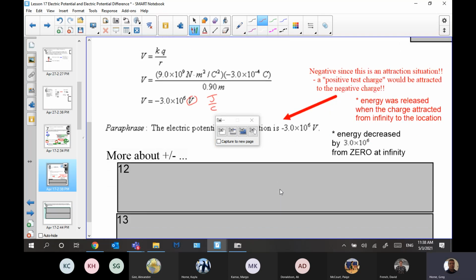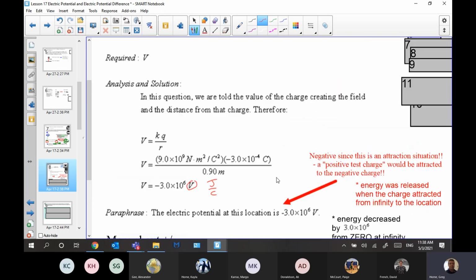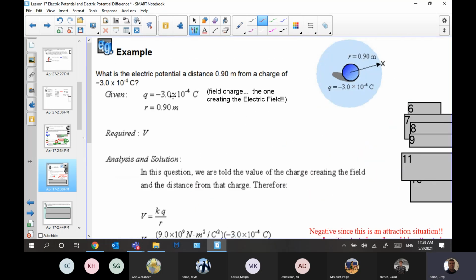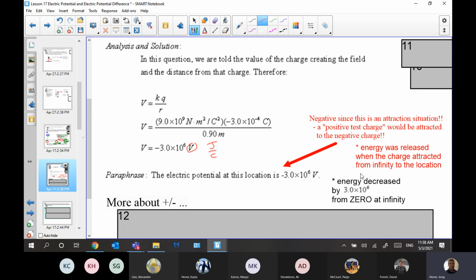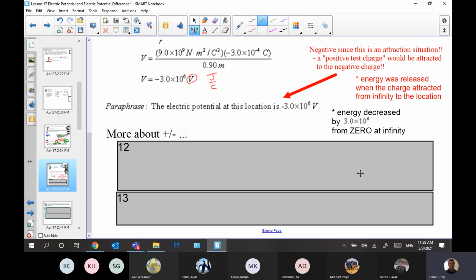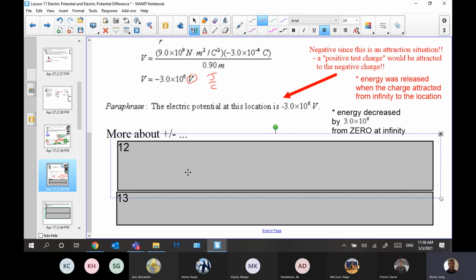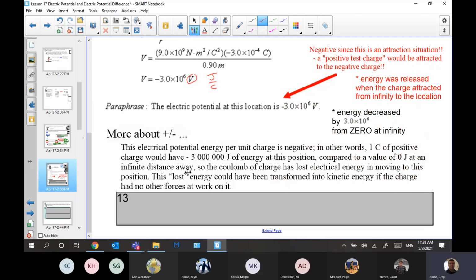Okay. And that's just a simple case where you're talking about the electric potential at a distance from a charge. So basically, what's the energy per charge at a spot, and it calculates out just like that. I don't feel I need to do more at this point about the plus or minus. Electric potential energy is negative.